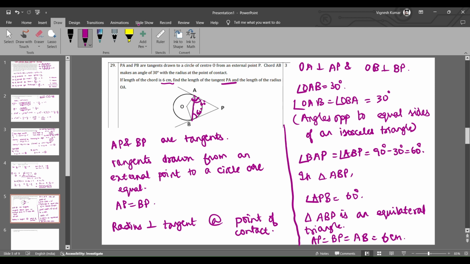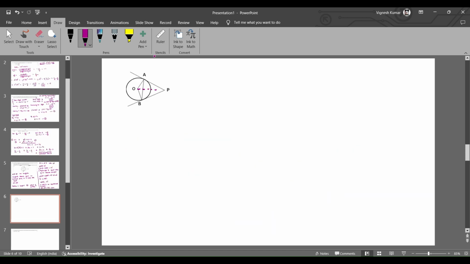And we have another part of the question which asks us to find the length of the radius OA. Let us consider joining this point O to the point P. Now let us name the point of intersection of OP with AB as, say, E. Now let us consider triangle AEP and triangle BEP.